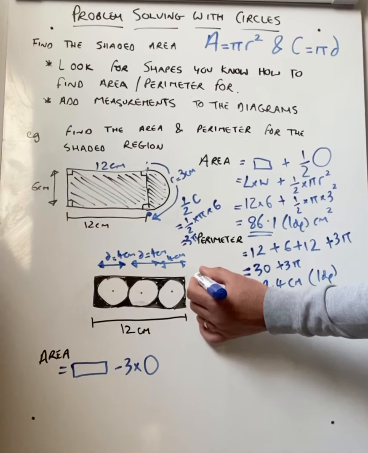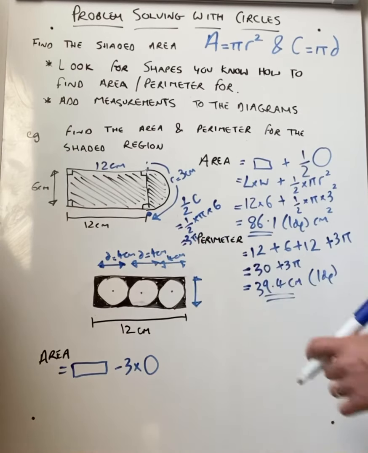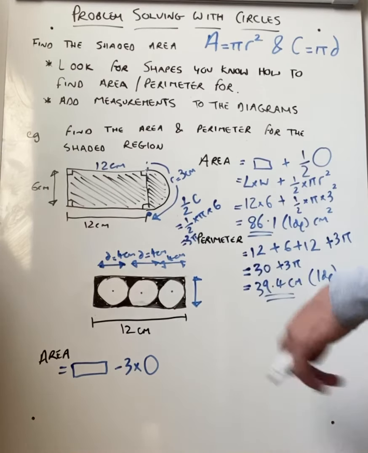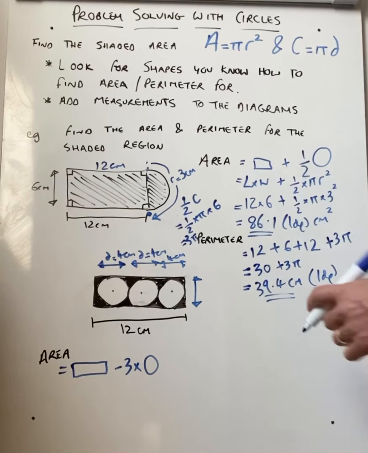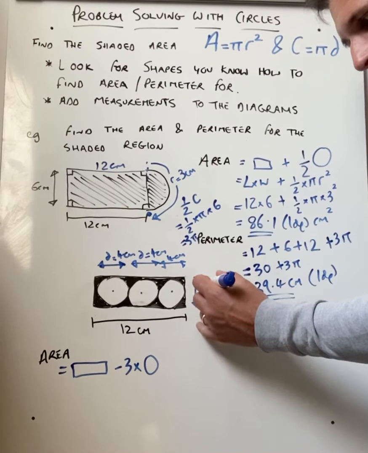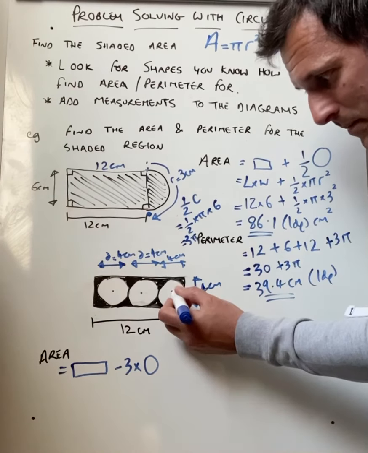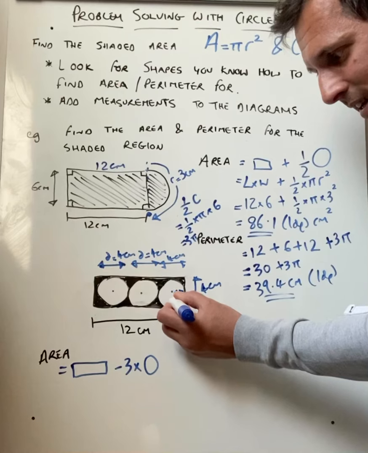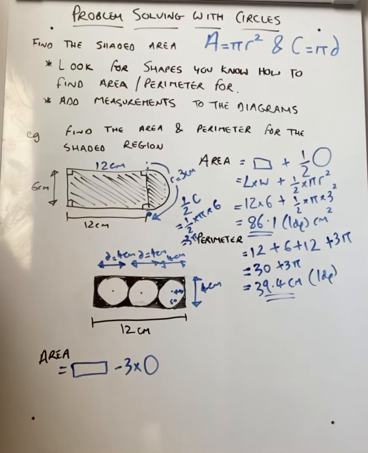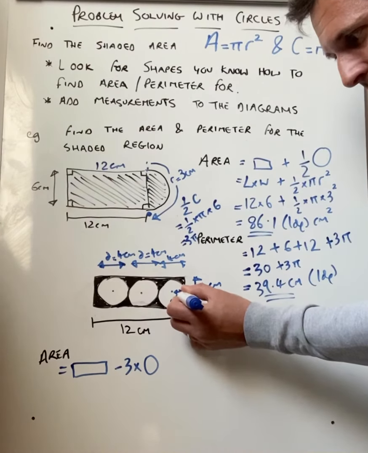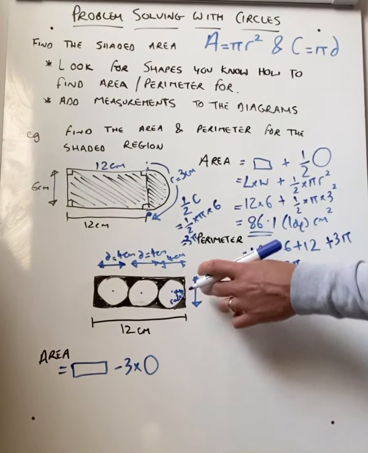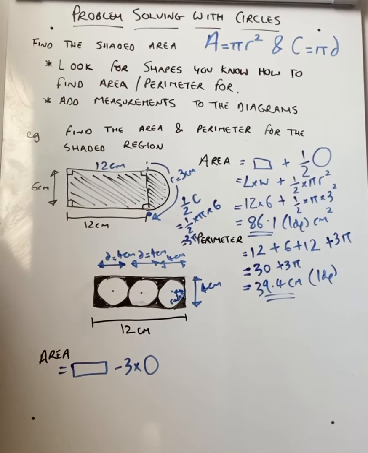Which means that that measurement there, because a circle has the same diameter if you draw a line from one side to the other through the centre at any point, would also be 4 centimetres. And again, if we want to extend that a little bit more, I would say that the radius is 2 centimetres. And the reason it's 2 centimetres is because it's half of this diameter.